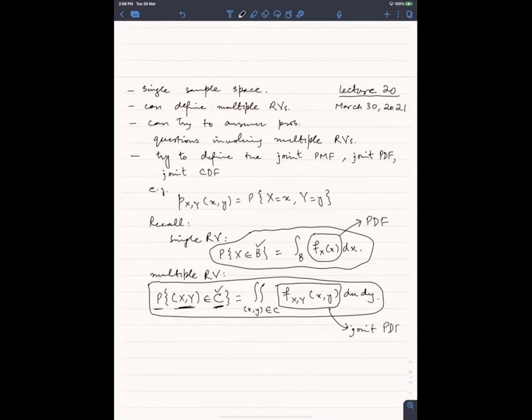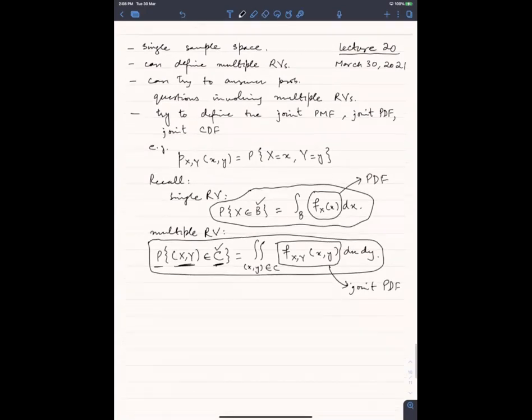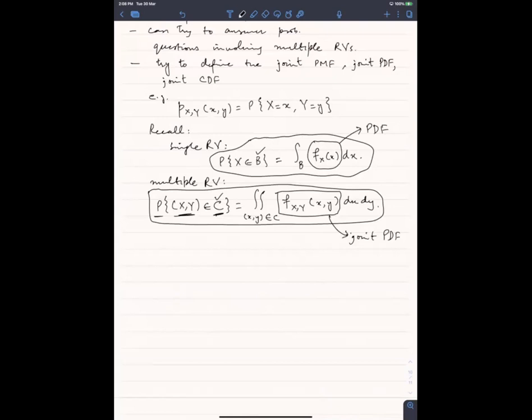That is how we defined it, and we call this the joint PDF. What we also said is that C can be pairs x and y such that x belongs to A and y belongs to B. That is, C contains the pairs where every x belongs to A and y belongs to B.